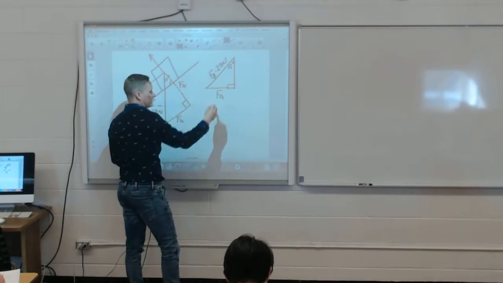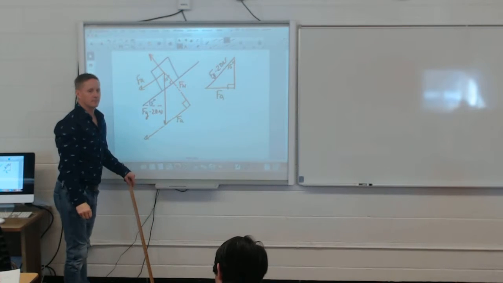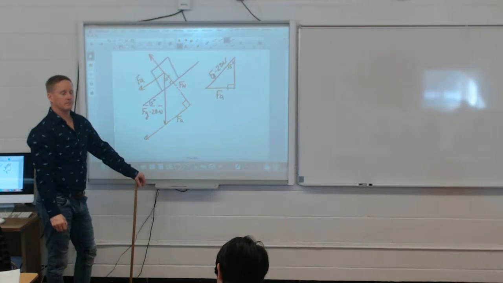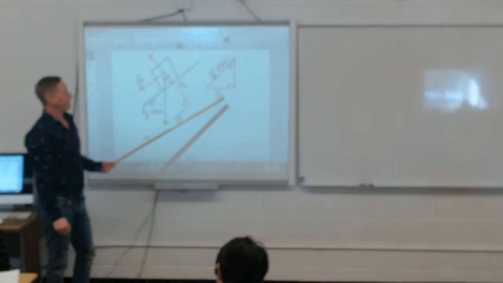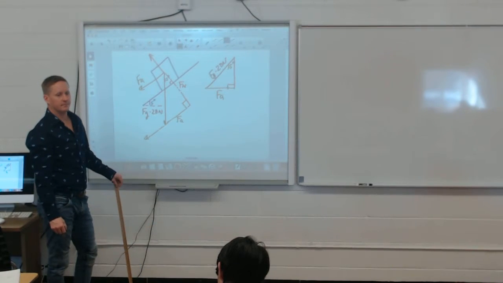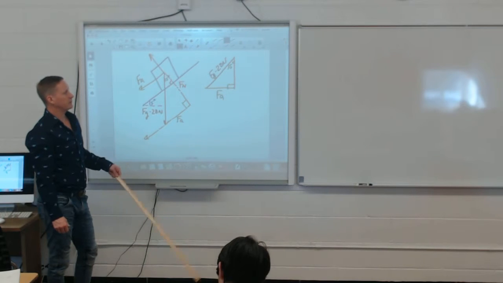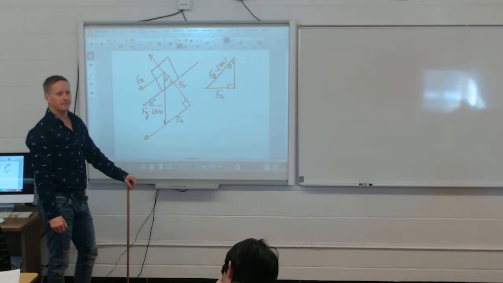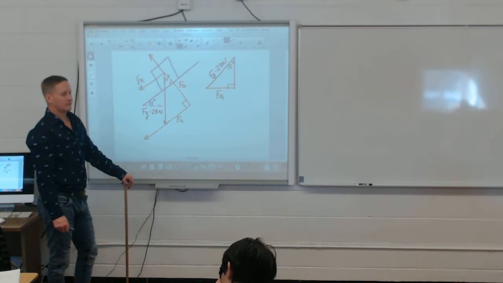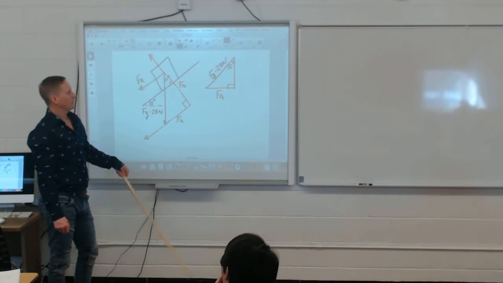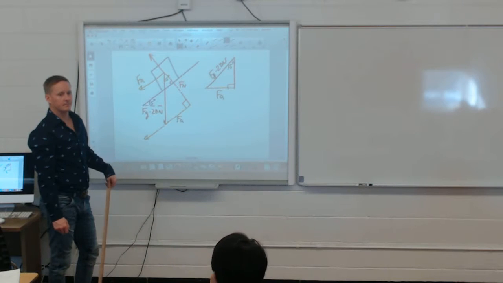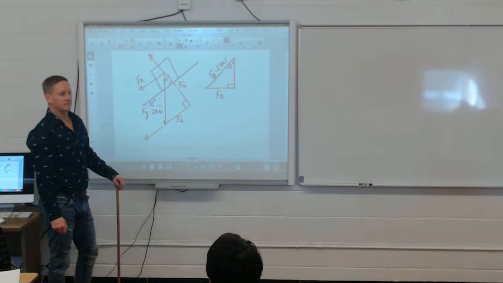Where is FA in relation to 15? It's opposite from each other, I'm pretty sure. Where is FG in relation to 15? It's the hypotenuse; the other side is adjacent.